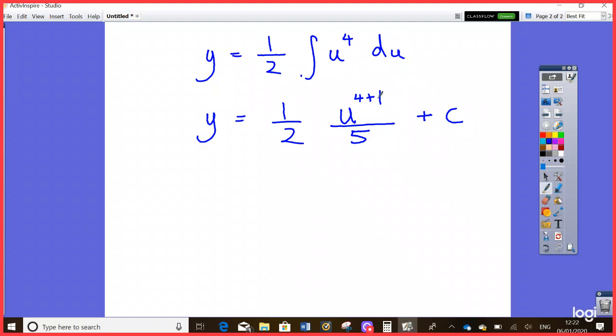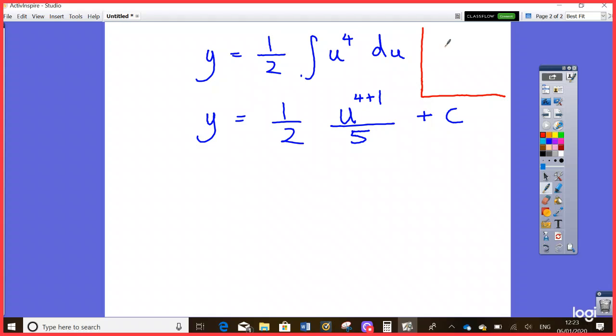Are we all happy with this integration? Do you understand? So it's going back to basics. So basically, the general rule for integration, if you have forgotten, is this.